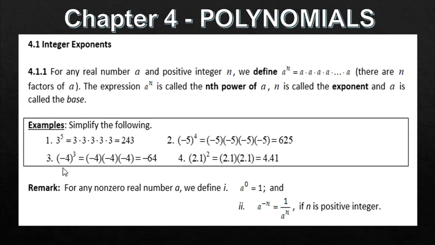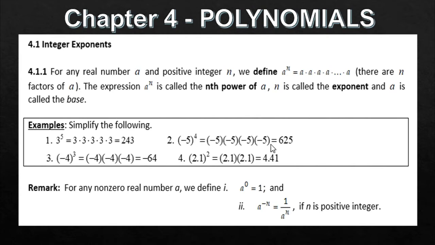Next, we have negative 4 cubed. So, we multiply negative 4 three times. That is why we have negative 4 times negative 4 times negative 4 which is equal to negative 64. So, notice that in negative 5, our exponent is even.